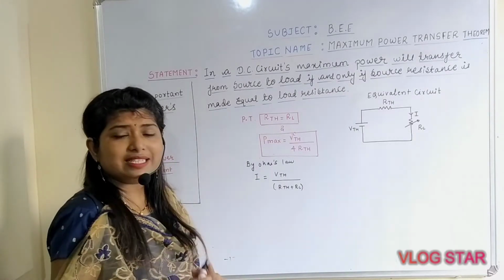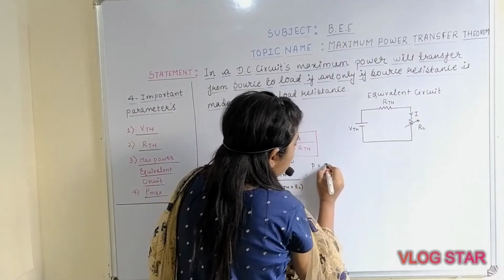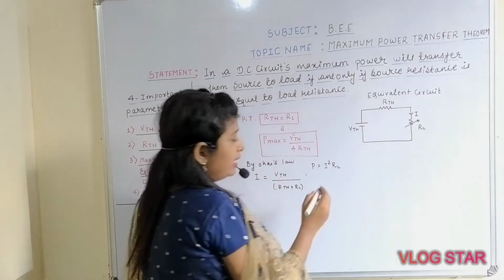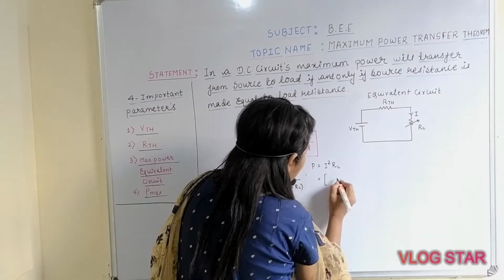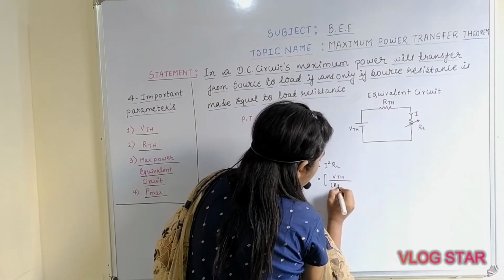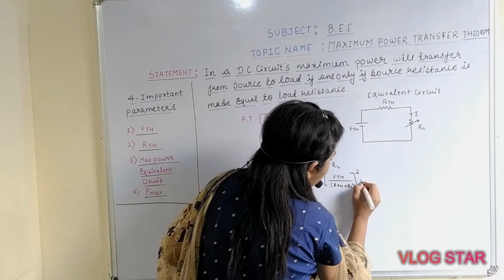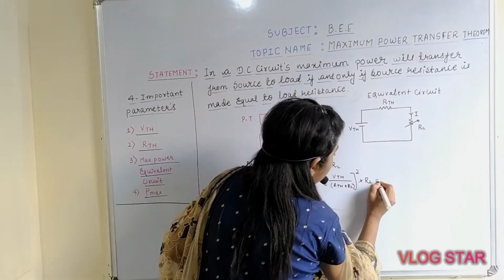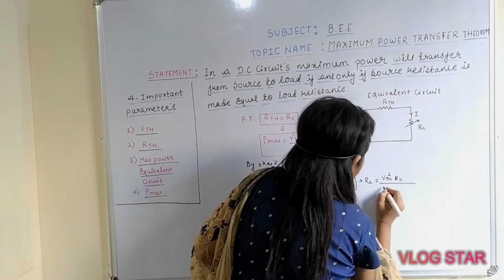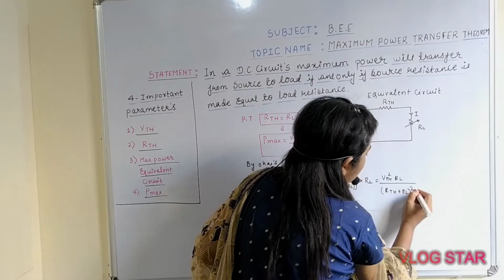Next, as I told you, we have to find the power. The basic formula for power is I square into RL. Can I substitute the I value in this? What is I? VTH upon RTH plus RL, whole square, into RL, which is equal to VTH square into RL upon RTH plus RL whole square.